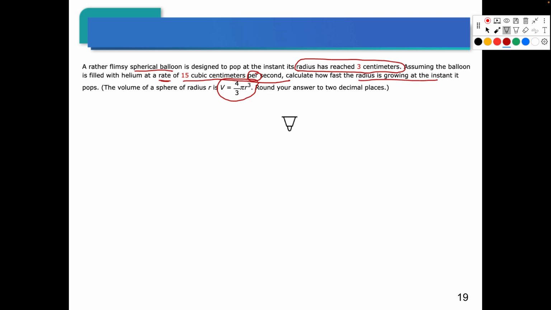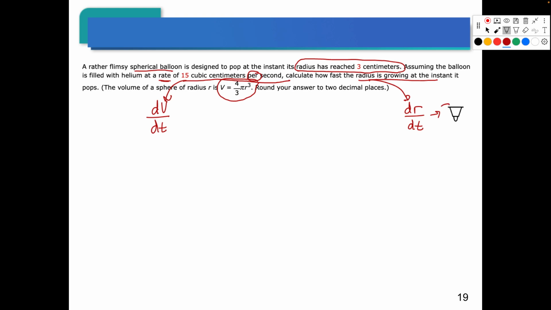So let's think, what do we have? We've got this balloon, we've got a radius changing. The volume must be changing, so that's why they give us this. So the amount of helium being pumped in is going to directly affect the volume, right? So what I can do now is identify this particular rate of 15 as the derivative of the volume, the dV dt. This question, how fast the radius is growing, this is what we're looking for, is dr dt.